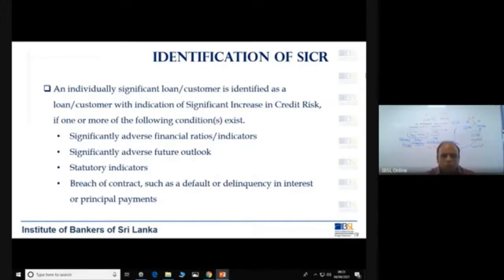So if there are significantly adverse financial ratios or indicators in the customer, those are signs of default, or those are known as indication of significant increase in credit risk. Okay, that is one. Then there could be significantly adverse future outlook.